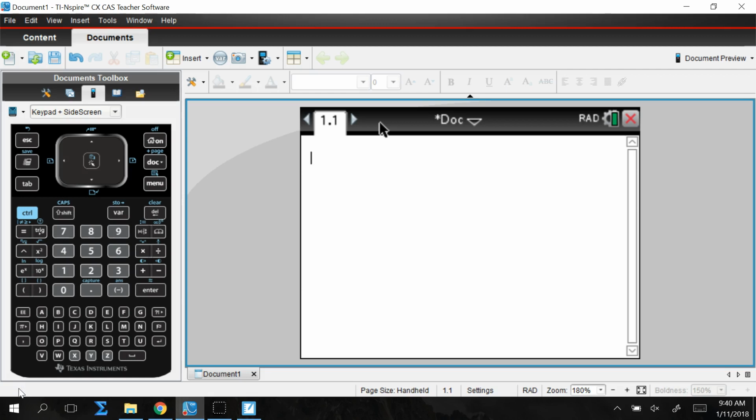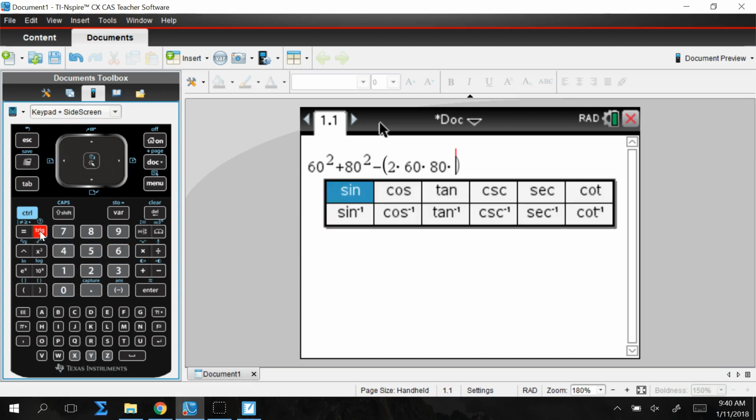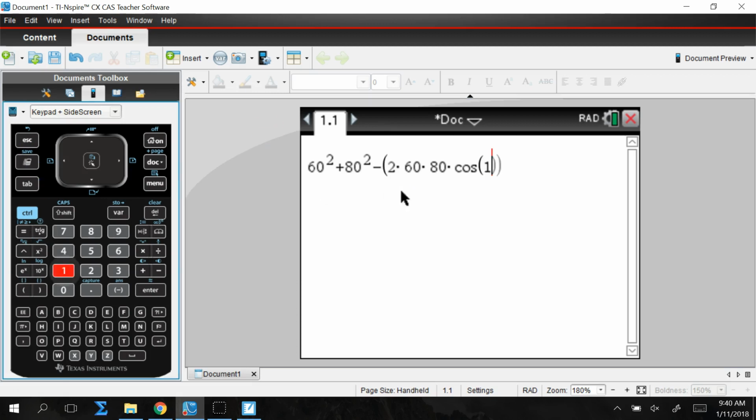Going back to what we just did, I'll calculate this one out. So 60 squared plus 80 squared minus 2 times 60 times 80 times the cosine of 165. Now, if I just leave it like that, it's going to take it as 165 radians.